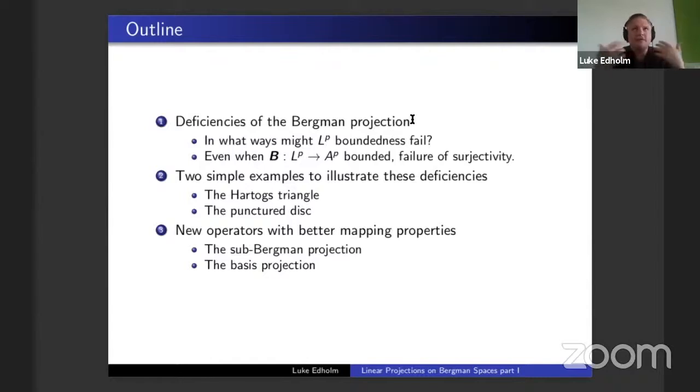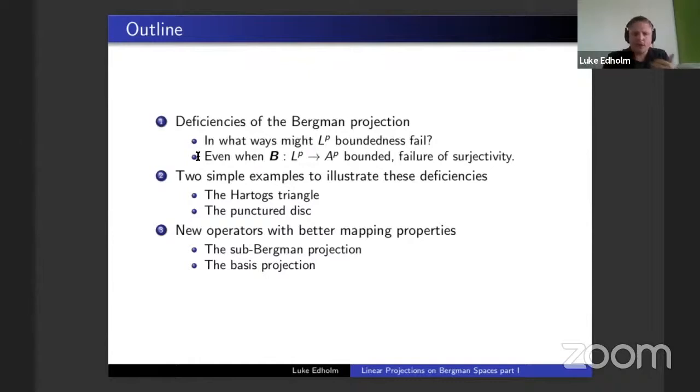One thing that we've seen many times throughout this weekend has been, oh yeah, Bergman projection. Sometimes it has a limited range of LP mapping properties, but we're going to investigate that a little bit deeper and ask in what ways can LP boundedness fail.